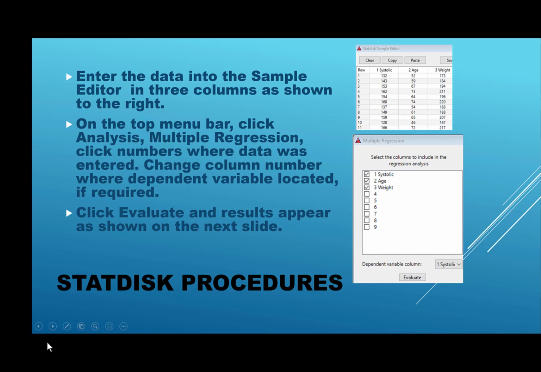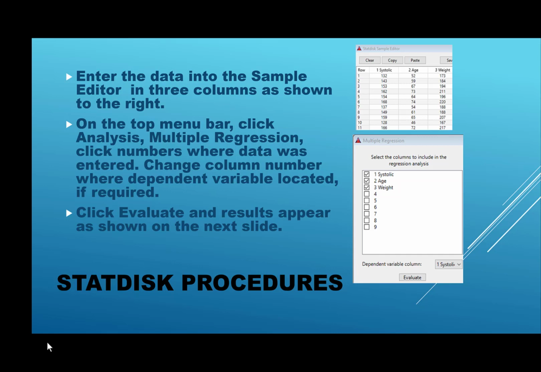Remember that Statdisk comes up with the sample editor showing. And so the first thing that we would need to do would be to enter the data from our table into the sample editor. And you can see to the right here, I have done that, and I have put the systolic blood pressure in the first column, age in the second, and weight in the third column.